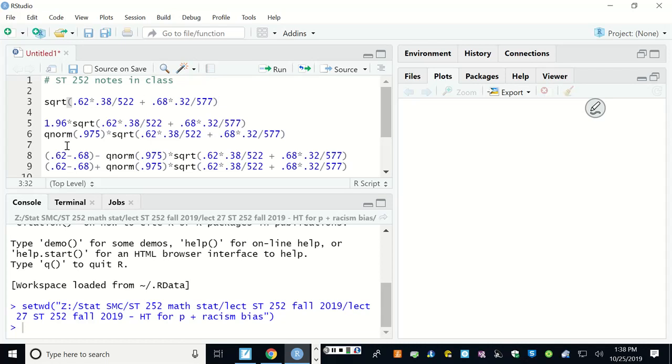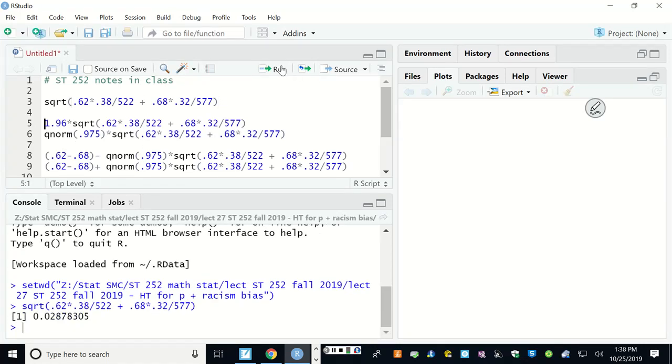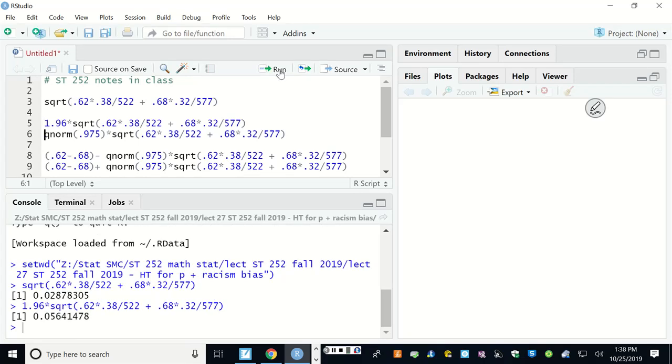So the standard error for that estimate is about 0.0288. Right? That's not the full margin of error, right? Because we're going to take the normal value times it, because normals are usually plus or minus about 1.96. So the margin of error is 0.056.